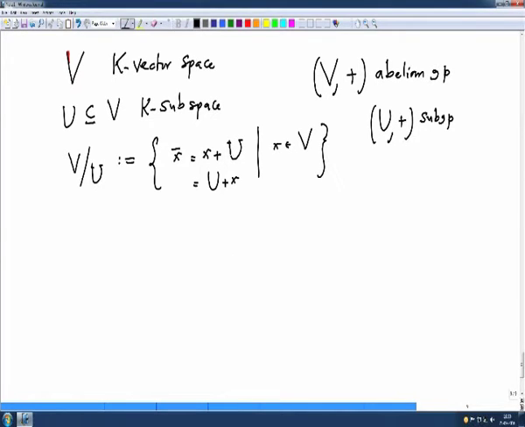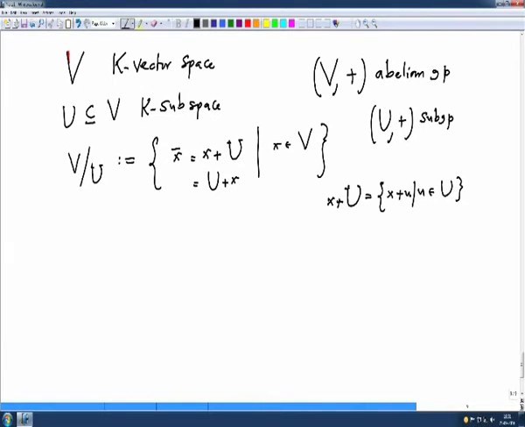Or even directly it is seen, because x + U is by definition all elements x + u, where u varies in U. This is a left coset, this is a right coset, but for any x in V these two cosets are equal, and that I am denoting by x bar.